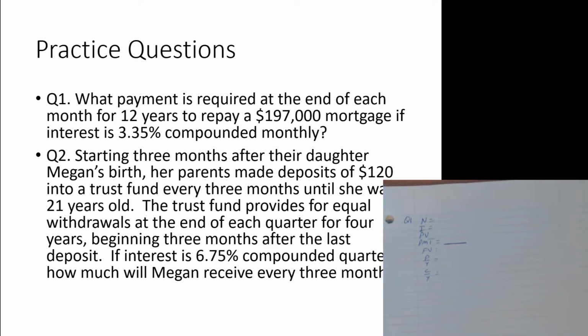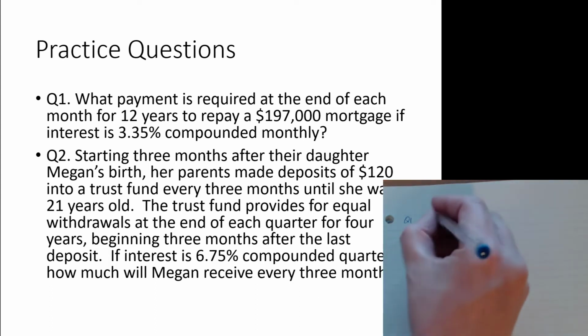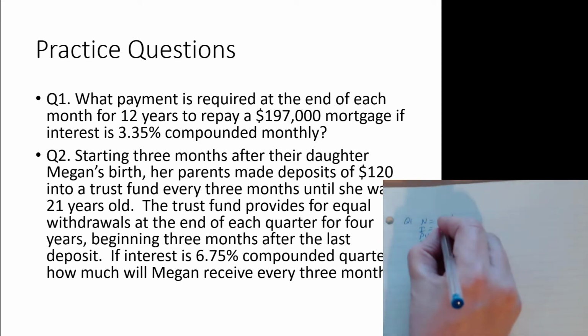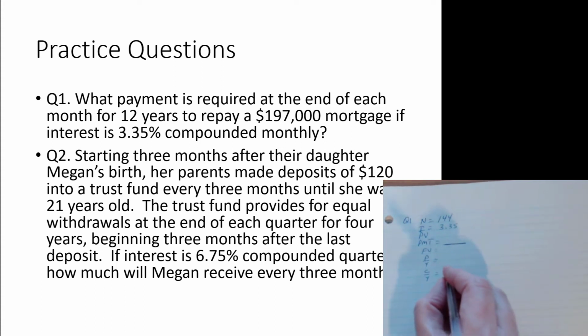It notes that we will pay at the end of each month for 12 years, 12 months per year, times 12 years, 144 months in total. Interest rate is 3.35% compounded monthly, so C over Y is 12.